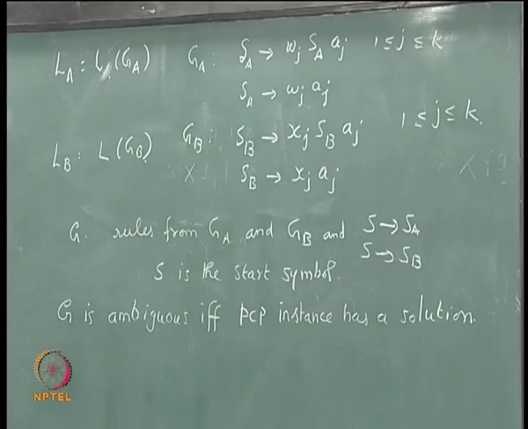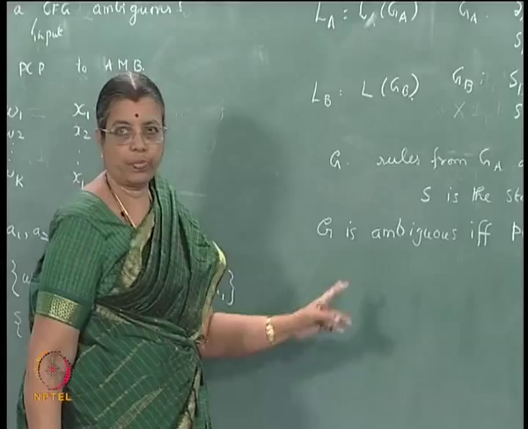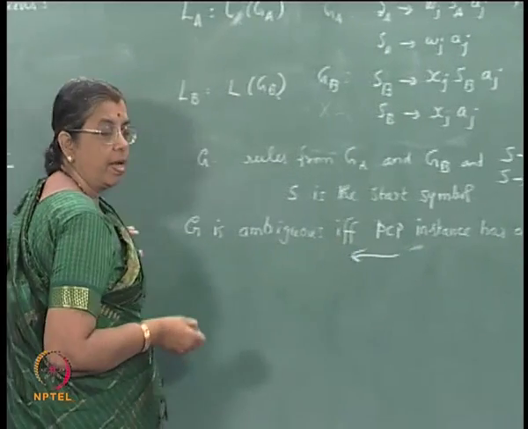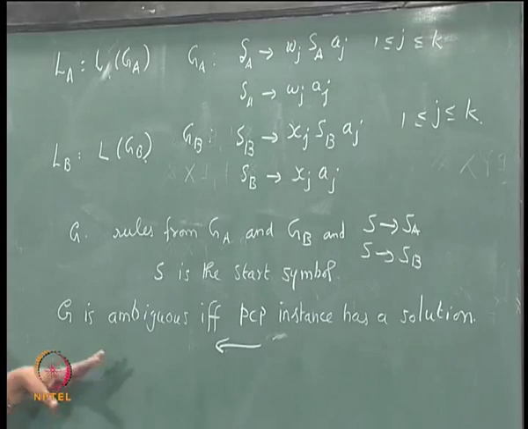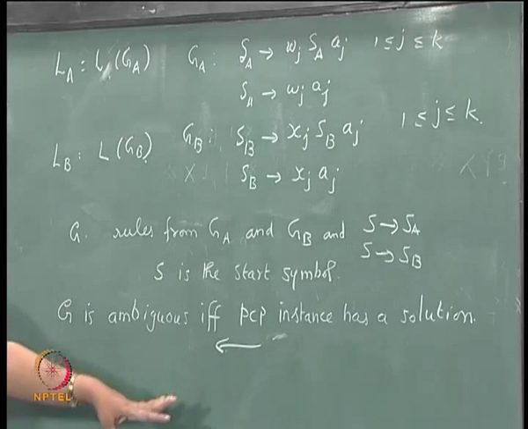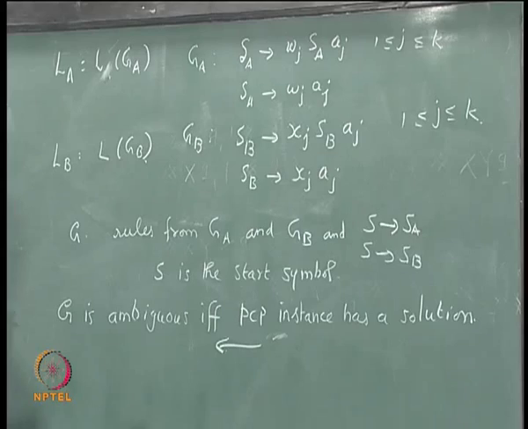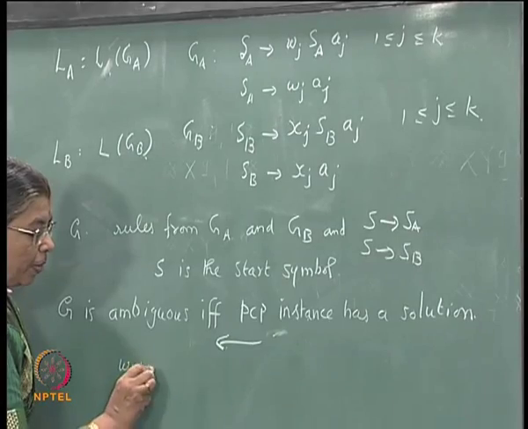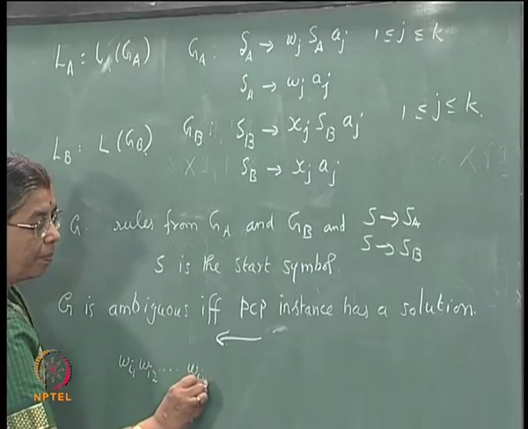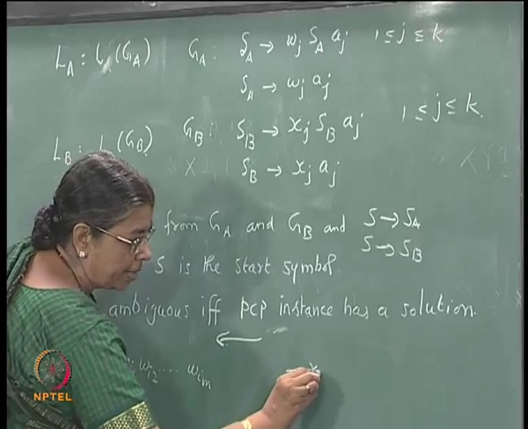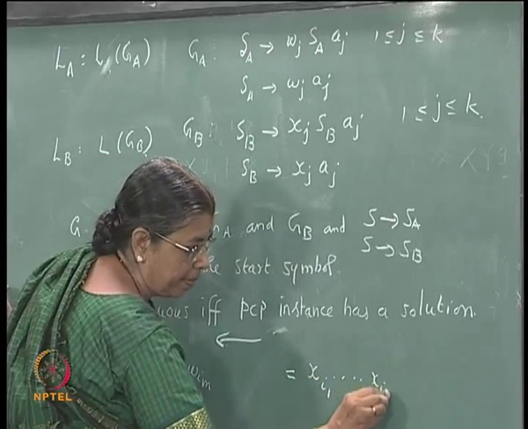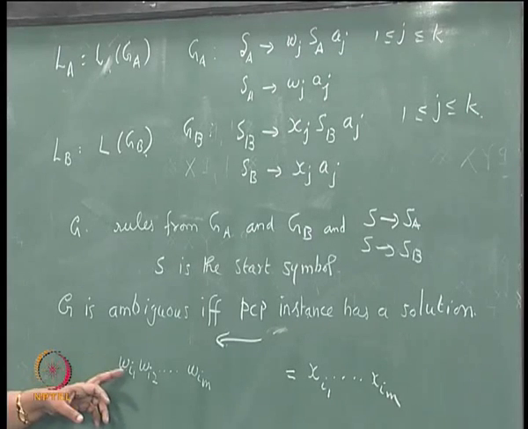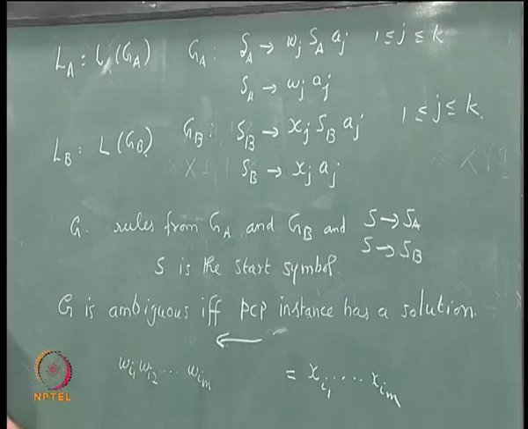Why? In 2 directions you have to prove. Suppose the PCP instance has a solution, then you have to prove that G is ambiguous, and if G is ambiguous, the PCP instance has a solution. Suppose the PCP instance has a solution, then there will be some sequence of integers such that Wi1, Wi2, ..., Wim is equal to Xi1, Xi2, ..., Xim.